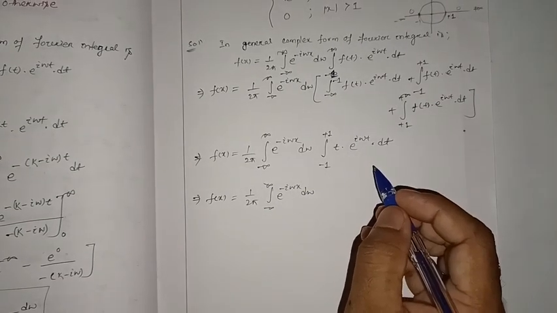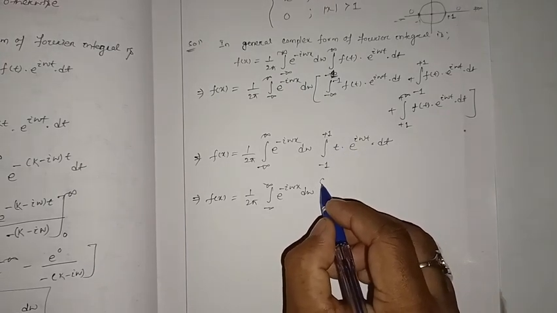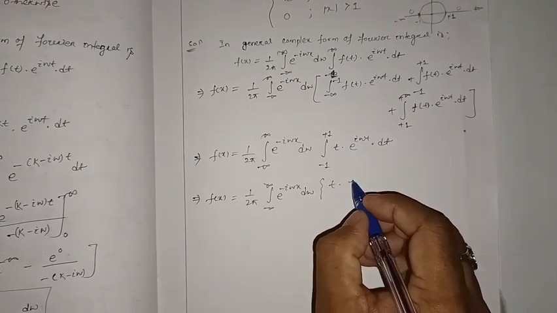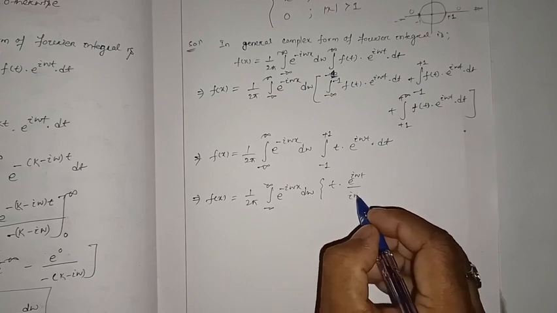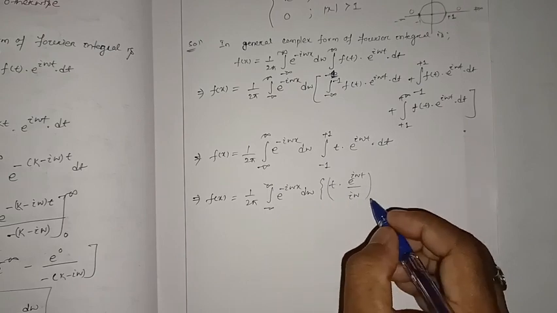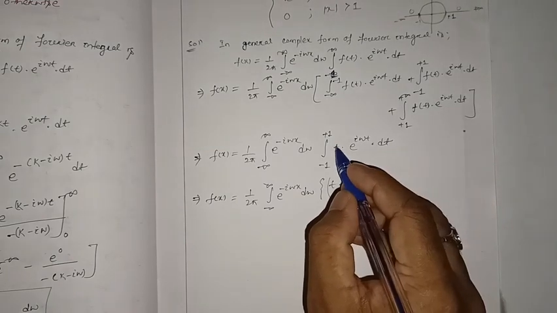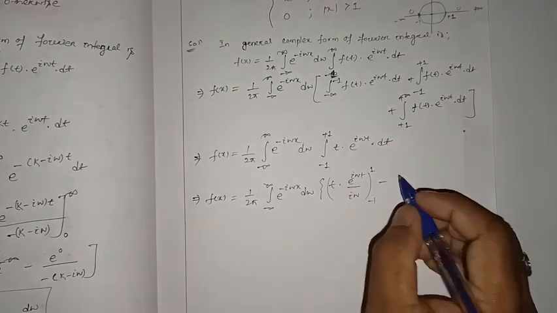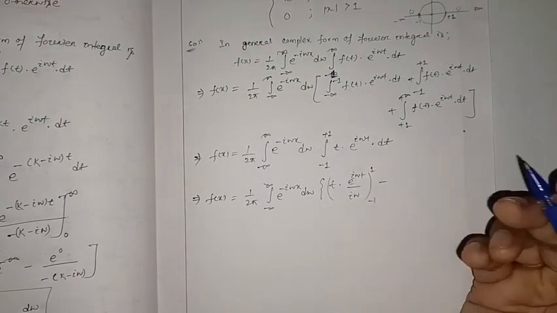And this one we have to solve by parts. So this is the first function. For the second function, the integration is e to the i omega t by i omega, with the limit minus 1 to plus 1. Then minus the derivative of the first function, which is 1, times the integration again of the second function.